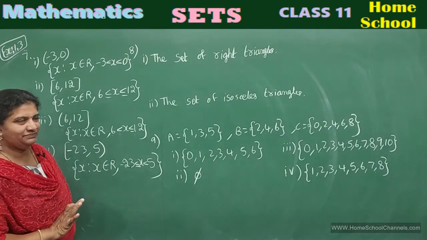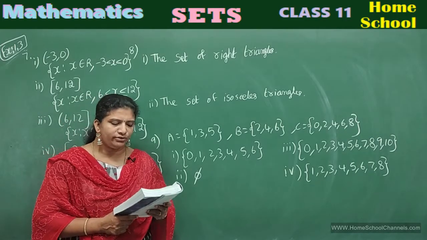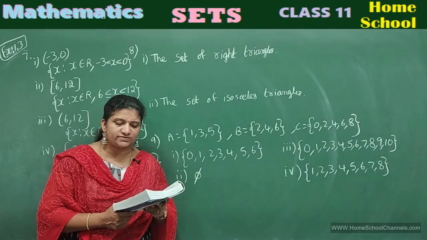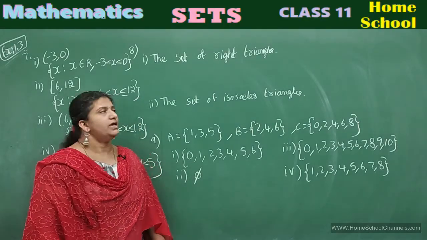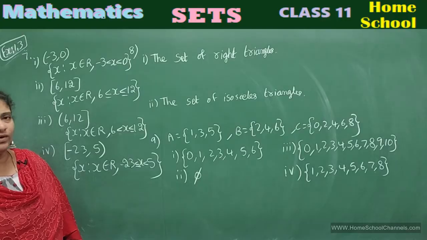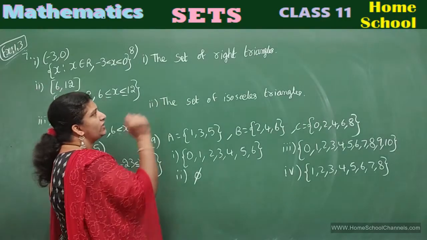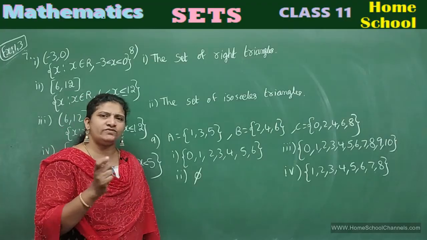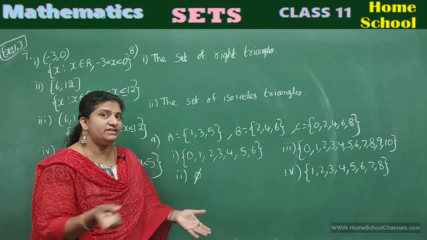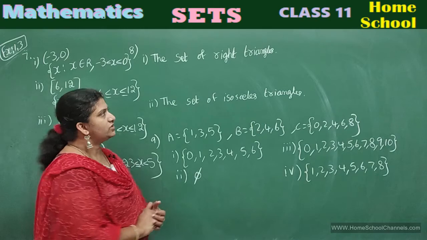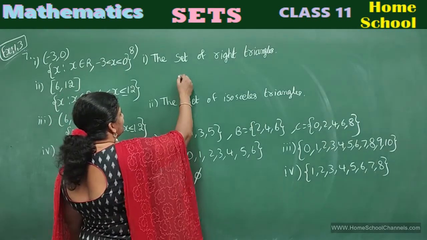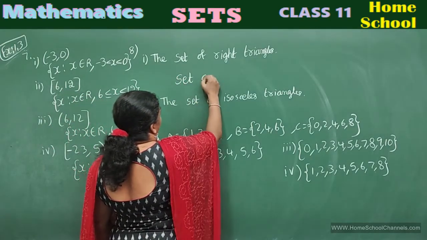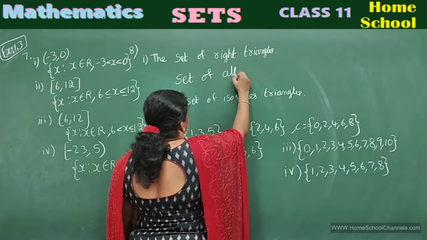Okay, is this clear? Eighth question: what universal set S would you propose for each of the following? There are 2 questions in this. The set of right triangles. Universal set means it contains all the sets in it. So universal set, I can say that set of all triangles.